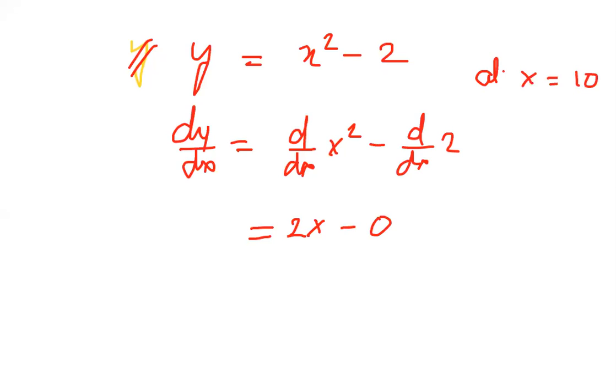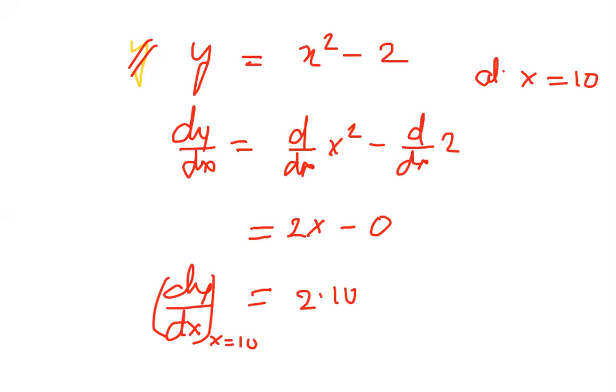So we need to put now x equals 10. So dy on dx at x equals 10 is 2 into 10. That is 20 will be the result. It was the very first question.